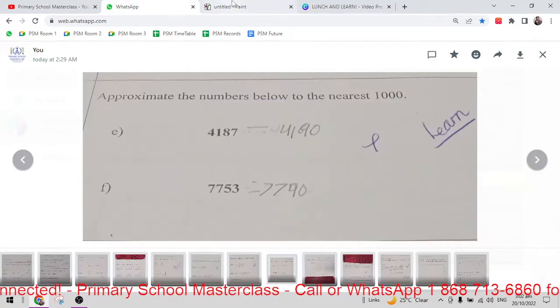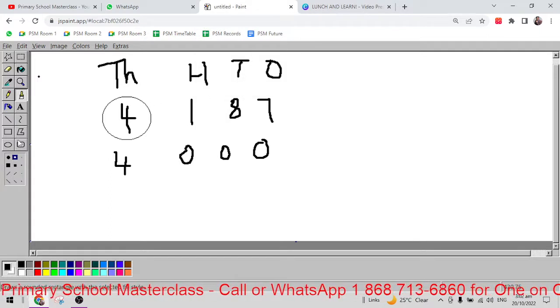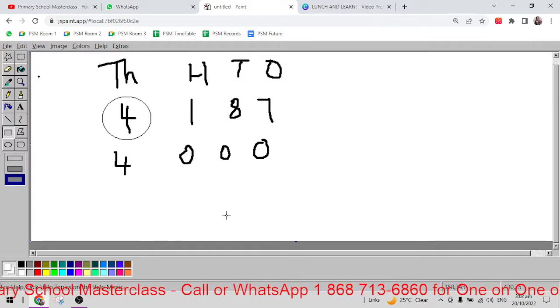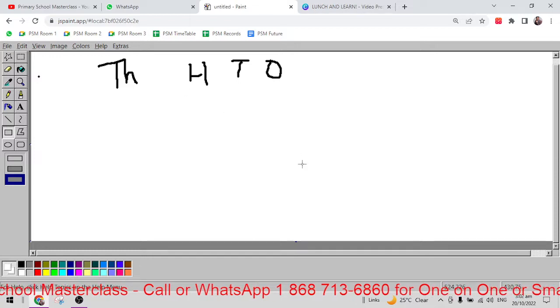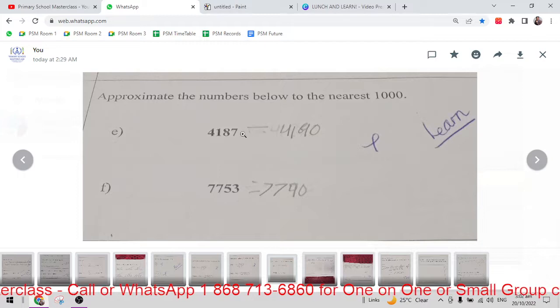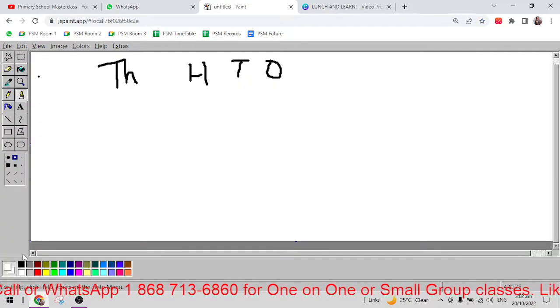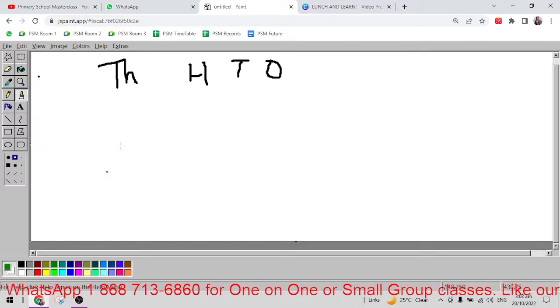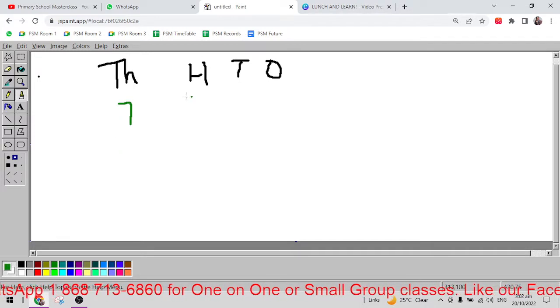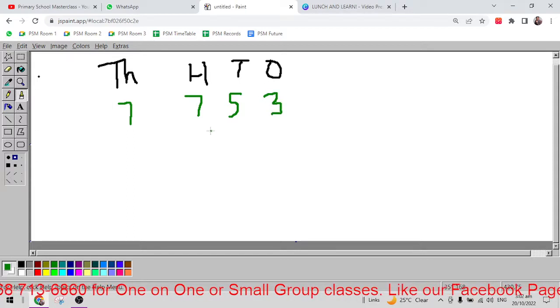Right? Boom. Let's go. Next number is going to be 7,753. So I have, let's go in green now, 7,753 rounded up to the nearest 1,000.